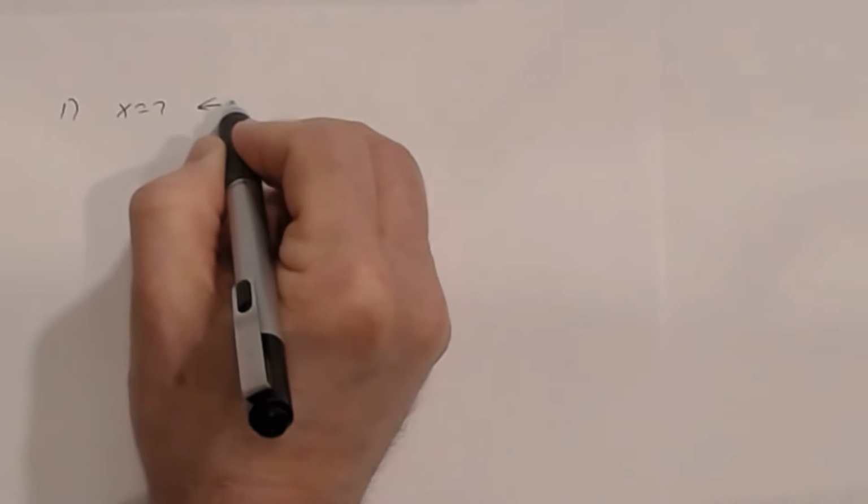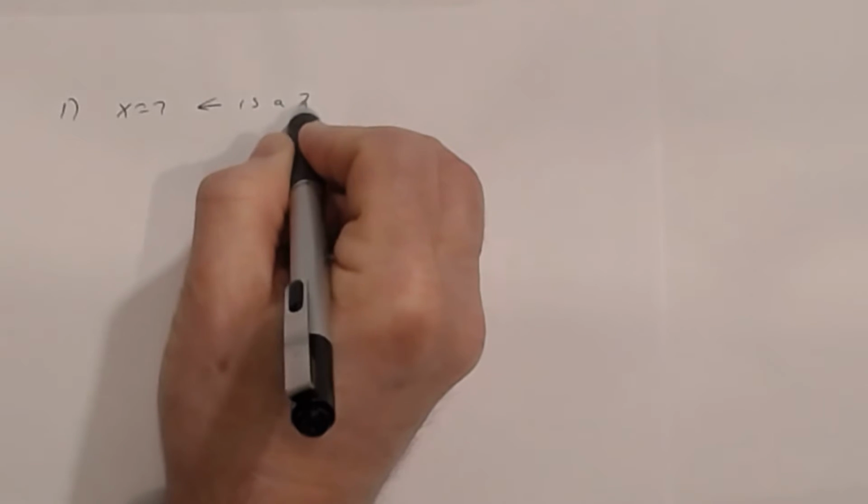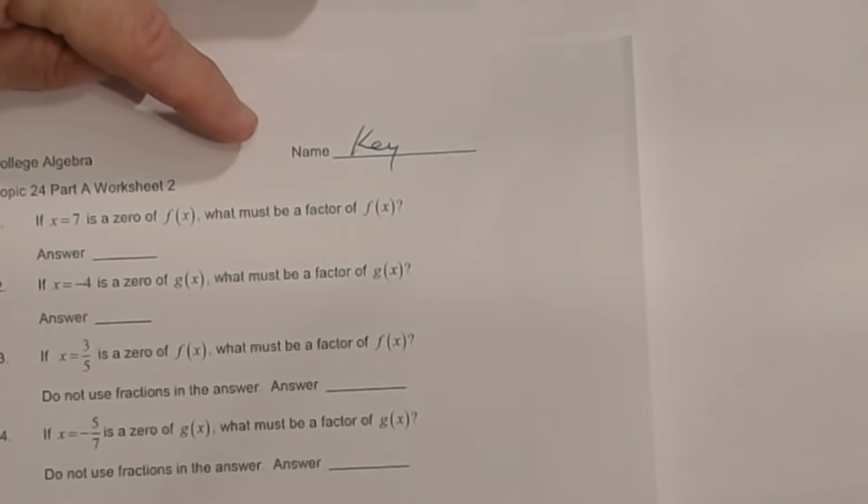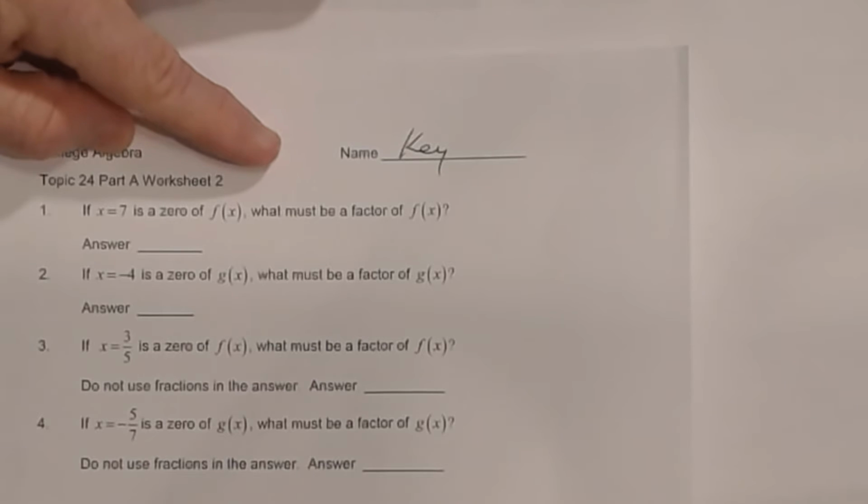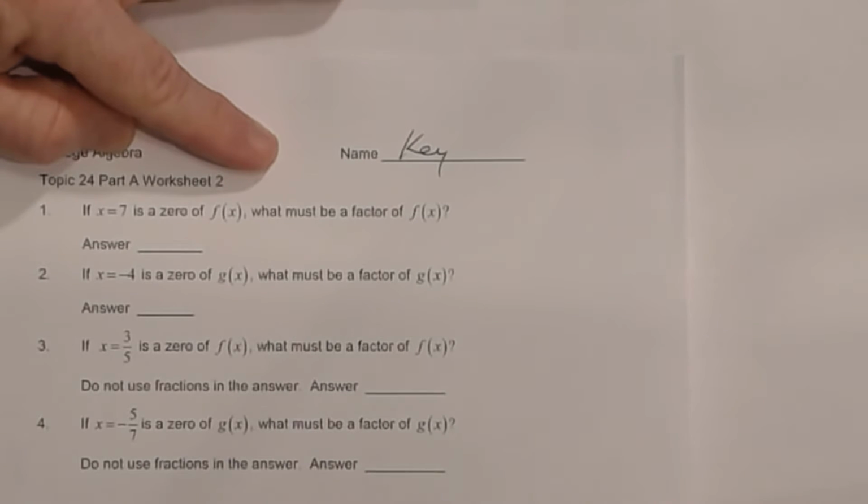You're told that x equals 7 is a zero. And remember, the problem wanted to know, if x equals 7 is a zero, then what must be a factor of this function?